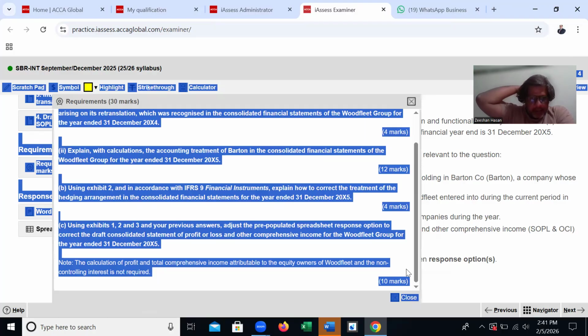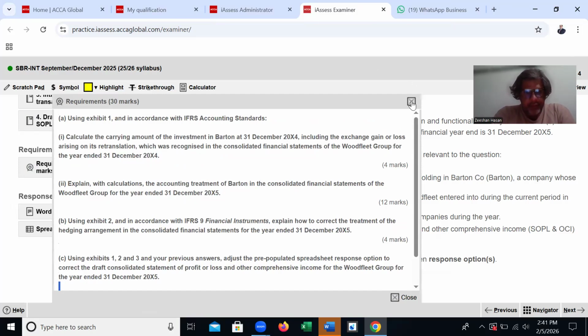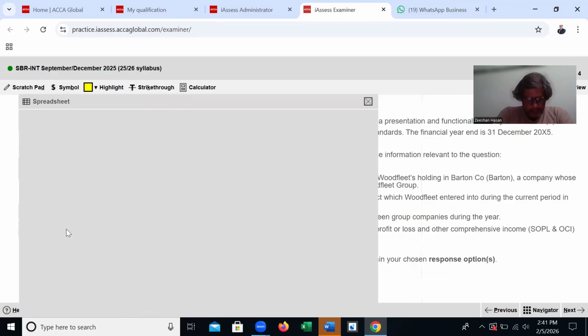The calculation of the profit and total comprehensive income attributable to the equity owners of Woodfleet and the NCI is not required. Okay. So we have to use the pre-populated spreadsheet, here it is.